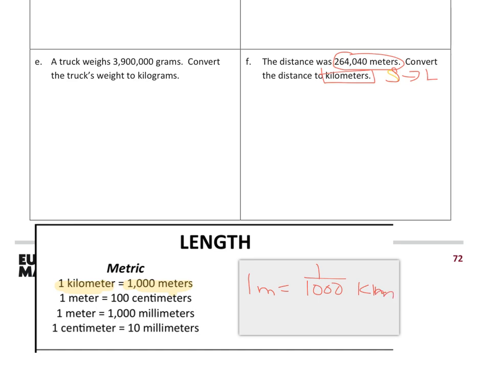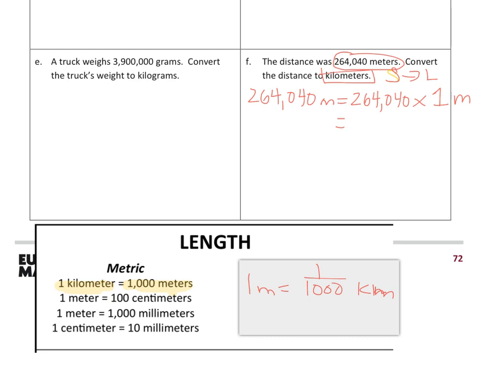So we want to convert 264,040 meters. And our first line is we're going to separate the factors. So we have 264,040. And how many meters do we need to multiply that number by? Well, it's going to be only 1 meter. Make sure your M is next to the 1.